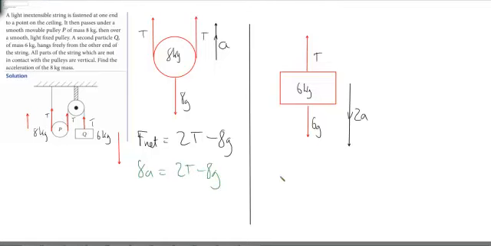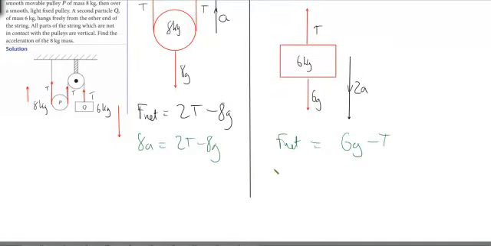This one here, the net force is equal to 6G minus T. In this case the net force is mass times acceleration, but remember that instead of A we're going to put in 2A times 6, equal to 6G minus T.